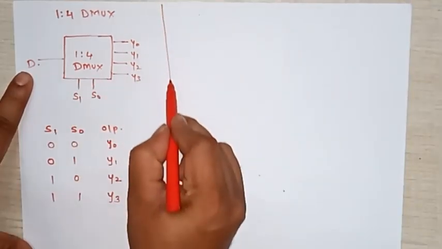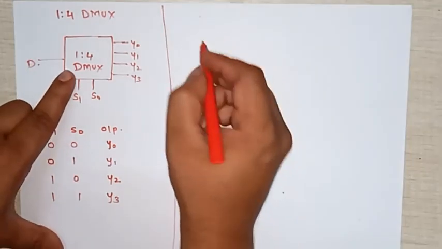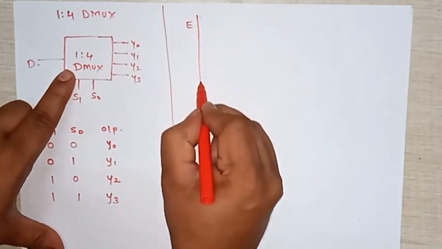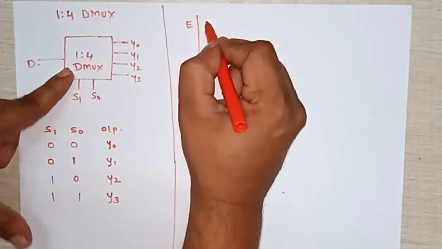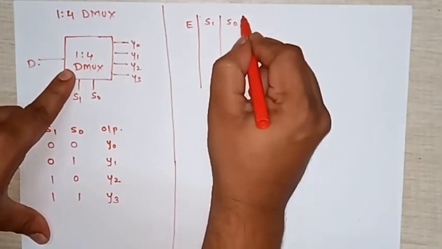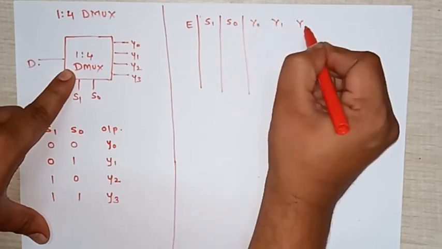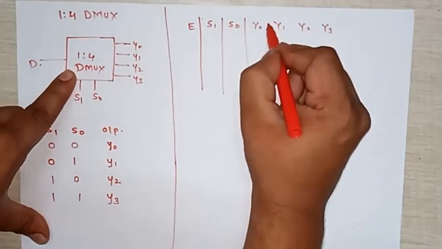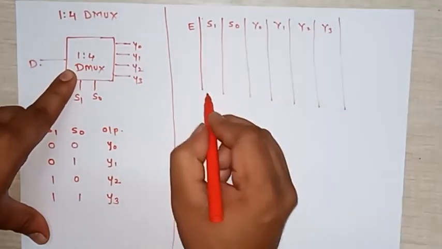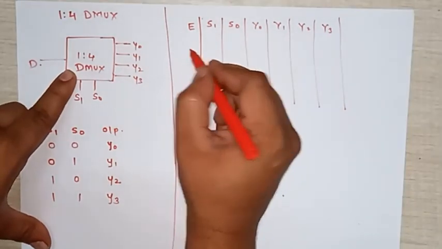Let us write a different kind of truth table here. Suppose we consider the enable line for the demux also, and the select lines are S1 S0, and the outputs Y0 Y1 Y2 Y3.